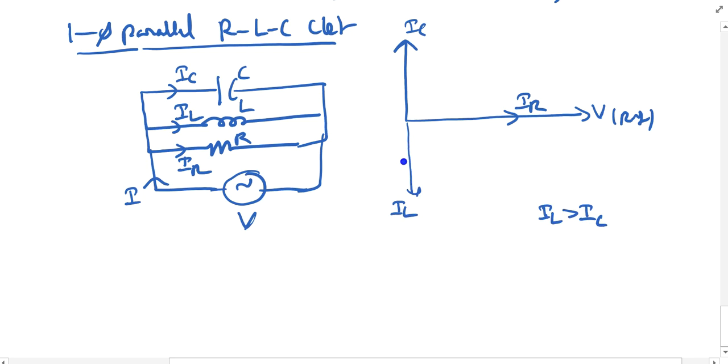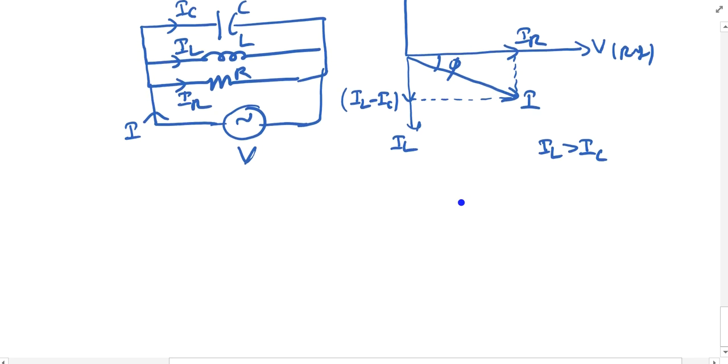IL minus IC is the value coming. So if we do this, this is the net current I you are going to get. This is how you get the phasor for IL greater than IC.